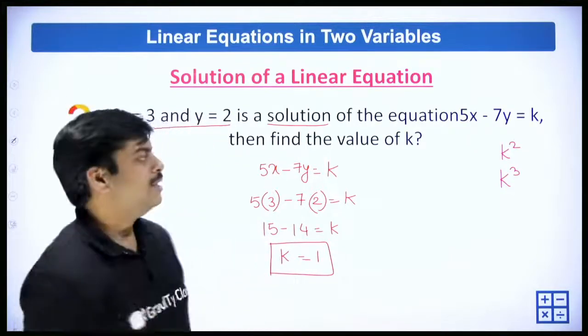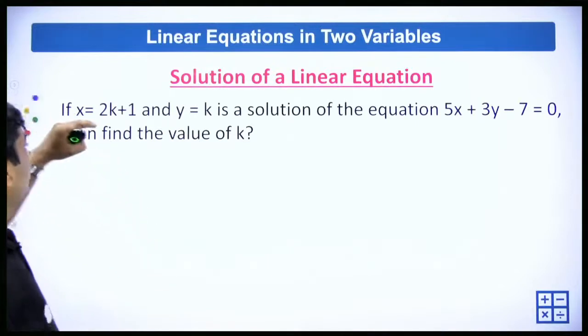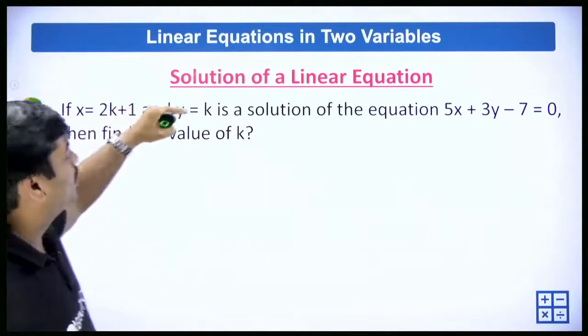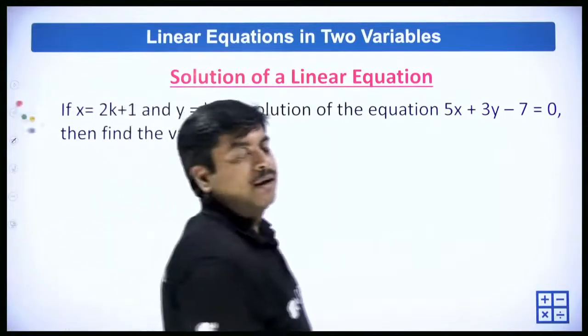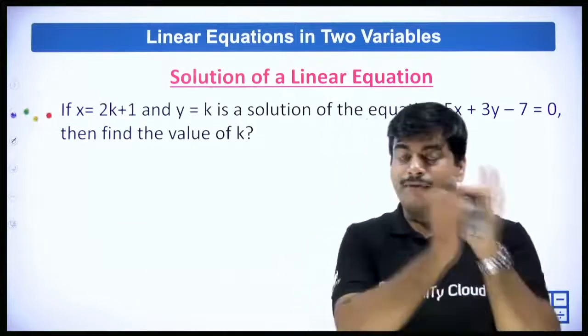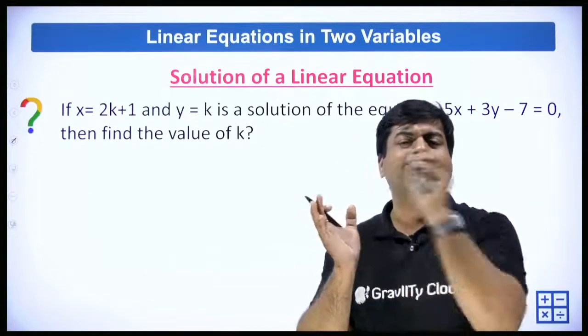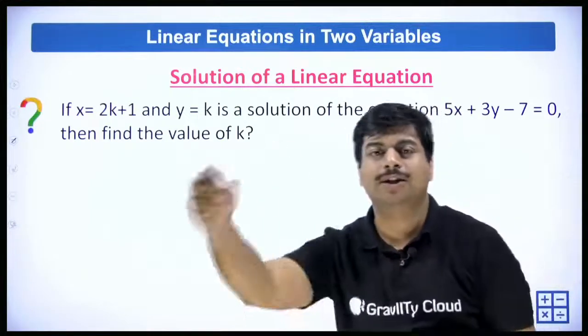Right? So let us move to one more question. Given x equal to 2k plus 1 and y equal to k is the solution of the equation 5x plus 3y minus 7 equal to 0. Again, x and y are given, but what is the difference between the before question and this question? In the before question, x and y values were directly given.